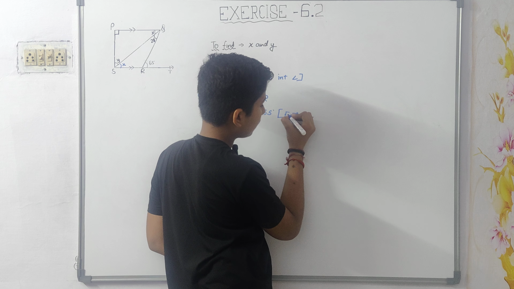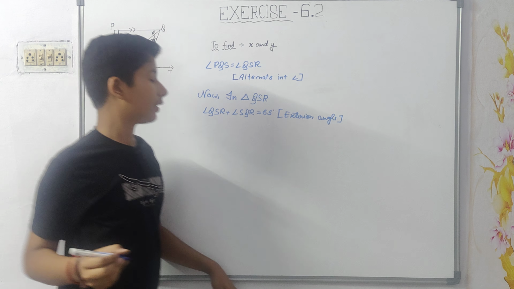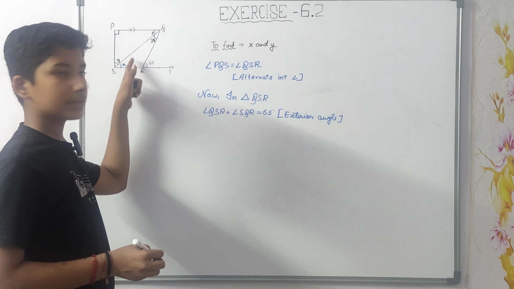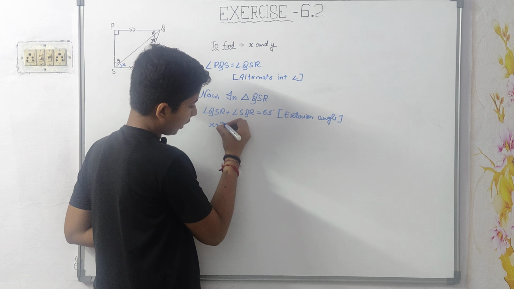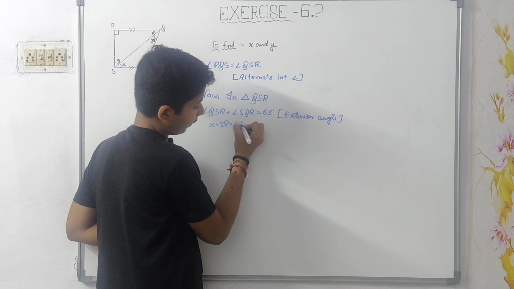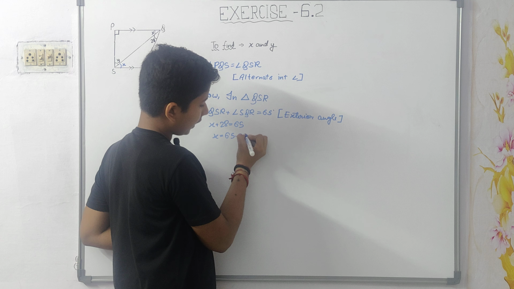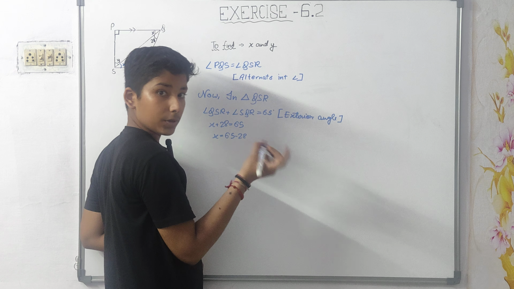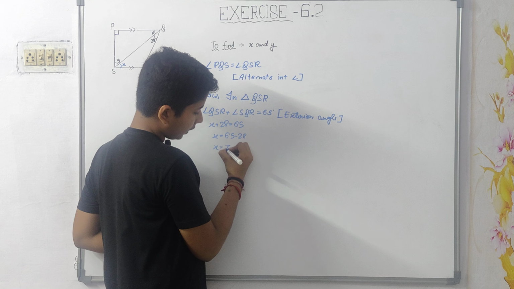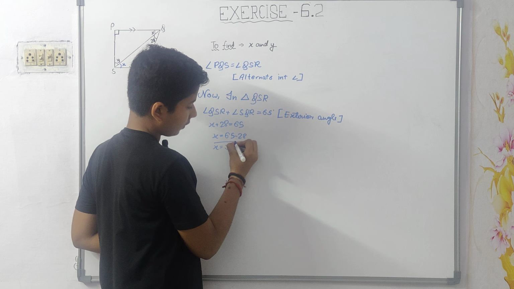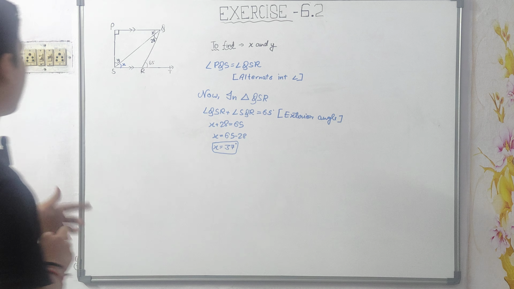Now QSR is x, SQR is 28. So x plus 28 equals 65. So x will be 65 minus 28, which will be x equals 37 degrees.